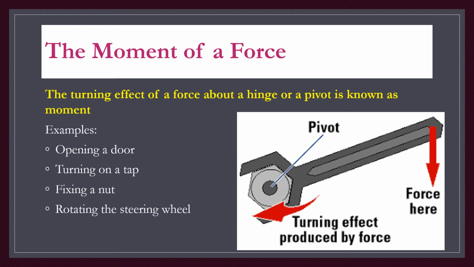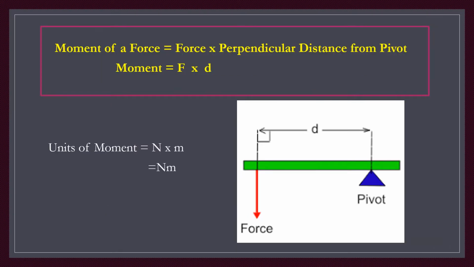In all these applications, a force is applied at a perpendicular distance from the pivot. Then a turning effect is produced by the force. When we calculate the moment of a force acting at a hinge or a pivot, we have to multiply the force by the perpendicular distance from the pivot.